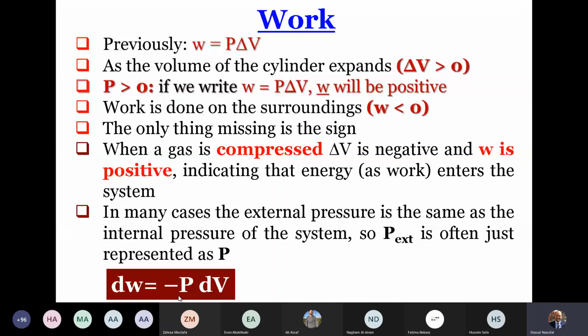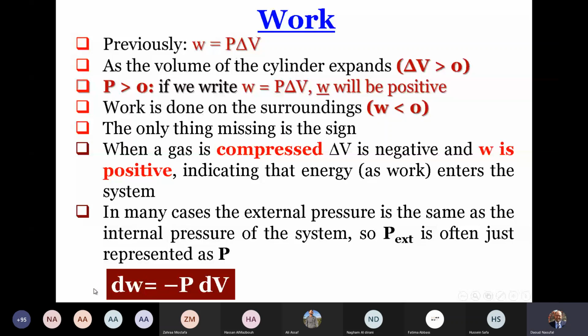So is it the pressure of the gas internal or is it the P external applied to the gas? When we compress, we give the pressure to the cylinder, so we give P external, but this P external is equal to the P internal. So in many cases, the external pressure is the same as the internal pressure of the system. So P external is just represented as P.